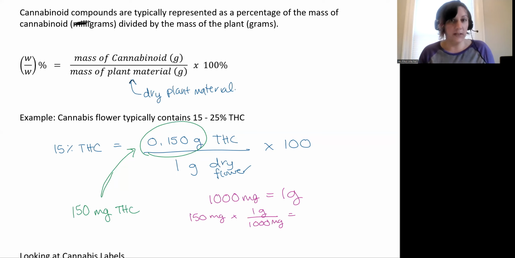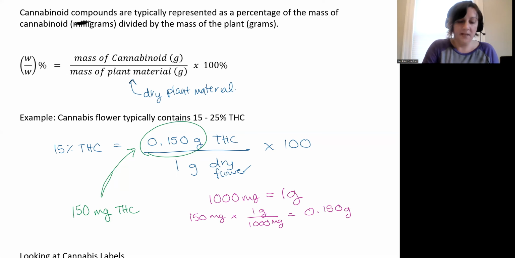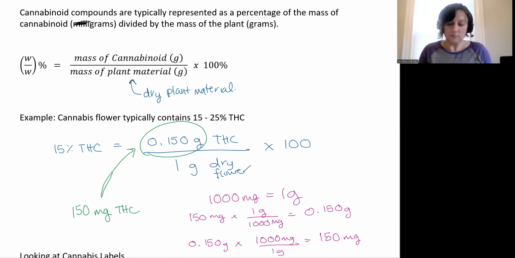So 150 milligrams divided by 1,000 would equal my 0.150 grams, or my 0.15 grams times 1,000 will equal my 150 milligrams. So I can convert in between these two.